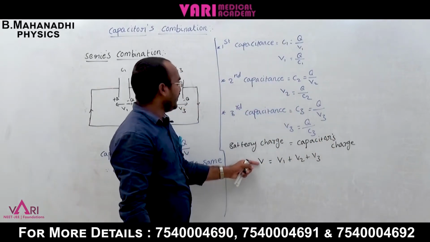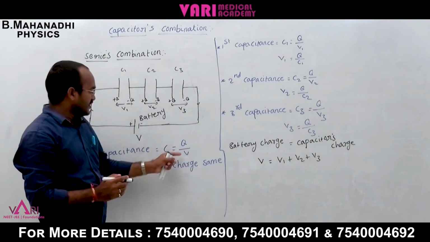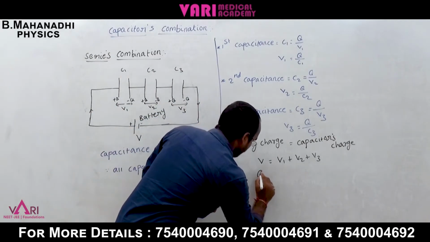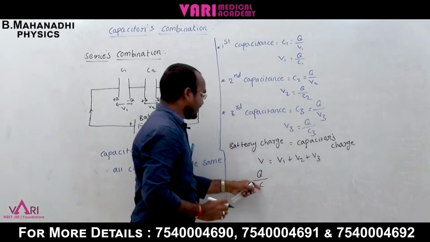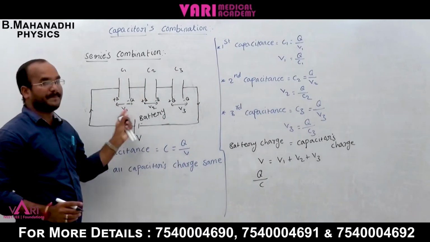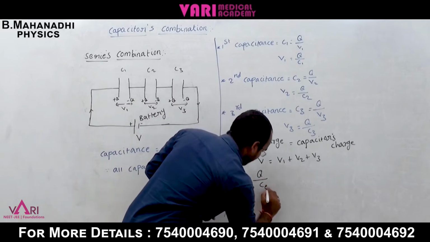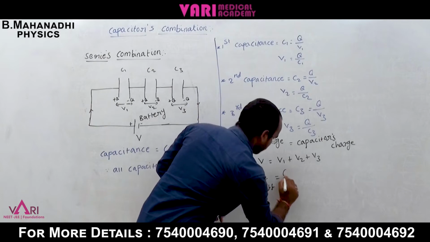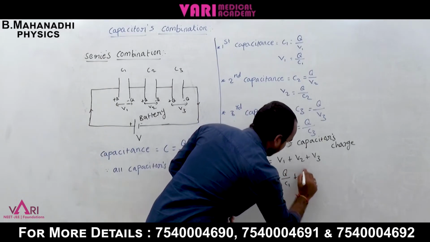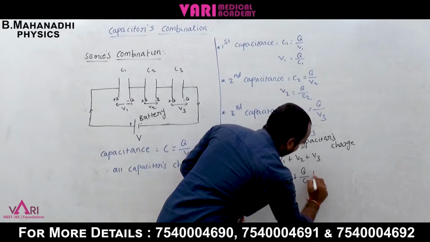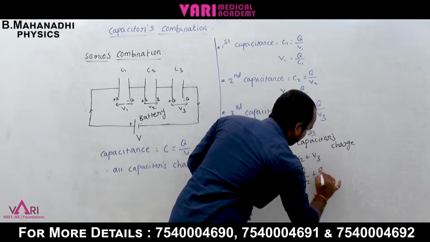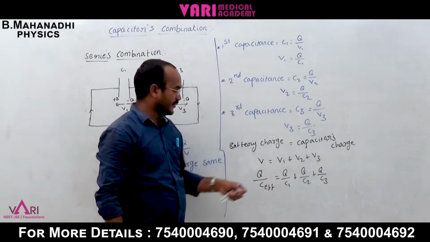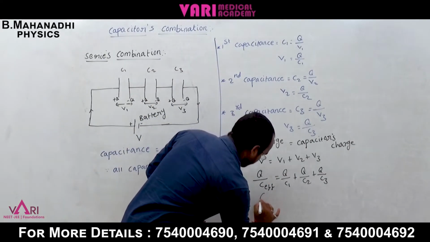Now, C equal to Q by V, so V equals Q by C. This C is the effective capacitance.